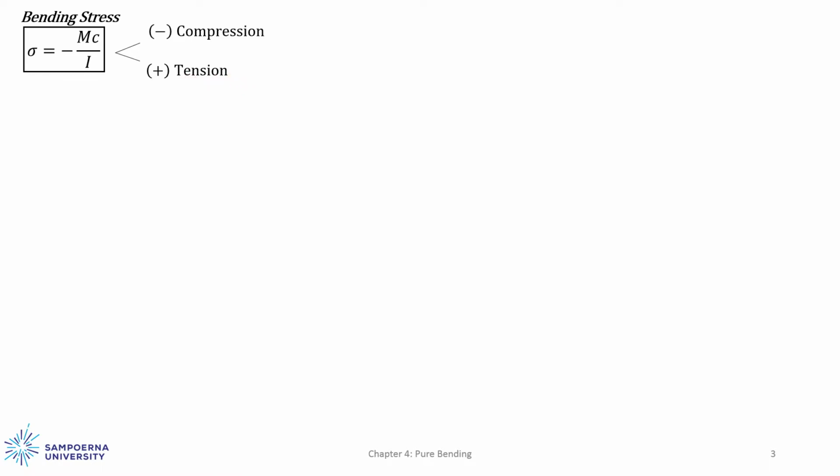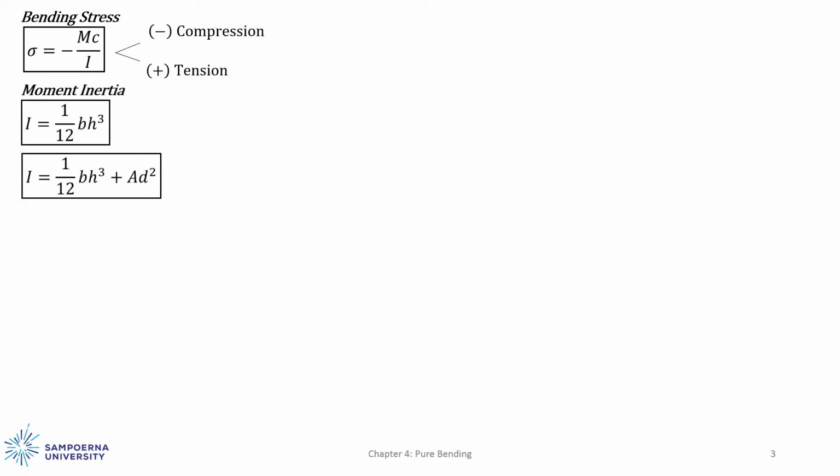The general formula of moment of inertia is 1 over 12 times B times H cubed, where B is base and H is height.